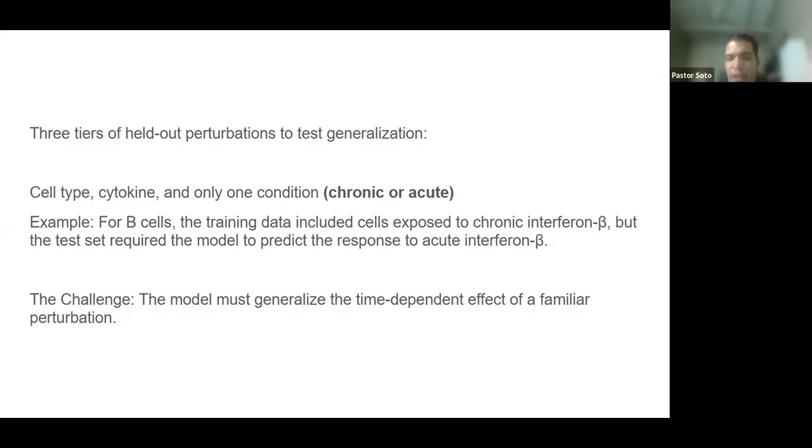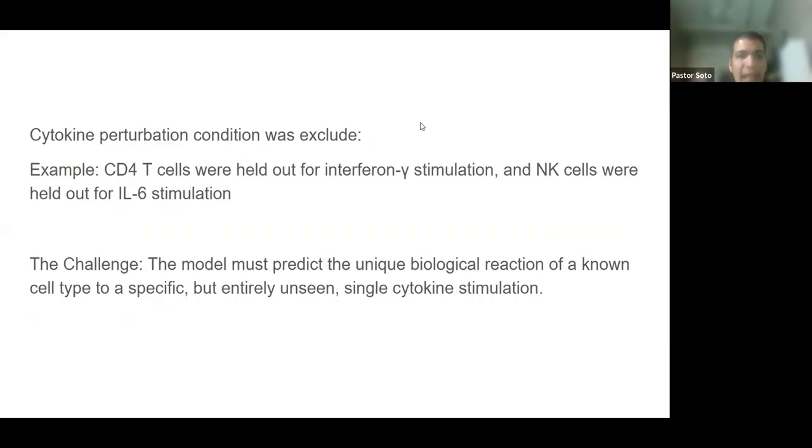So they already have the perturbation, but it's the time condition that they wanted to test: is it able to generalize even though it didn't see how it responds to that time of perturbation. The other one was where a cytokine perturbation condition was excluded. For example, you have a CD4 T cell where they held out interferon gamma stimulation, and natural killer cells were held out of interleukin 6 stimulation.